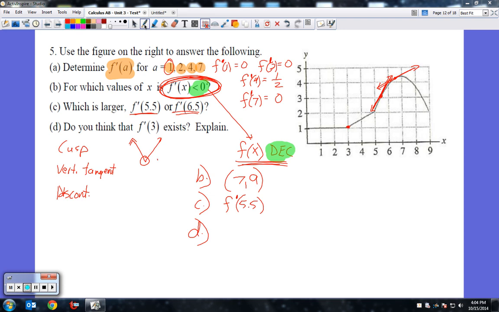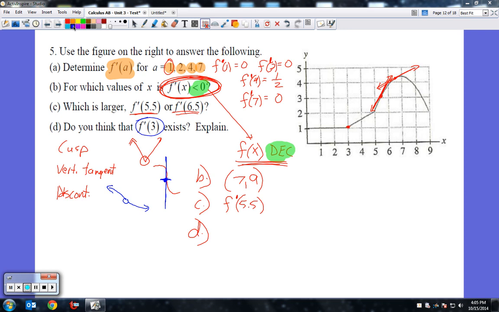Vertical tangents look something like the following. You can have something that's like this, to where at this specific x value there is a vertical tangent. That is also not going to be differentiable at that x value. And then obviously the discontinuity. If I have something that is discontinuous by either jump, point, or removable point, a jump or an infinite, they will not be differentiable.